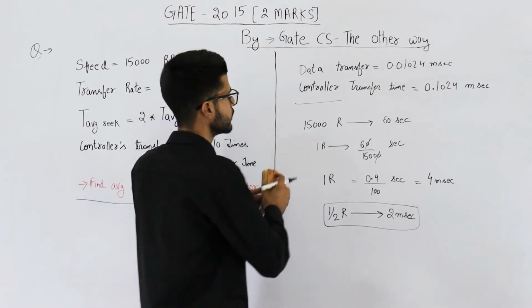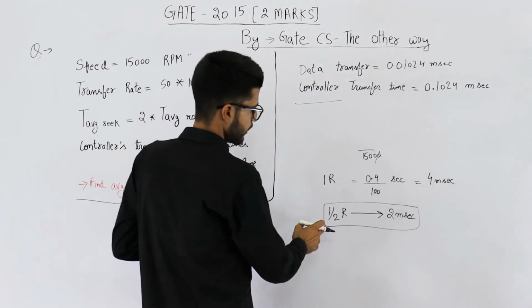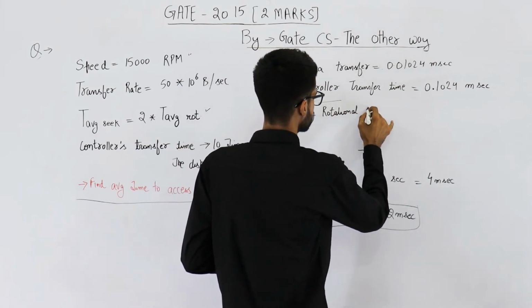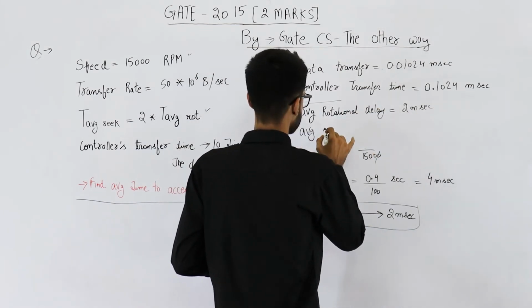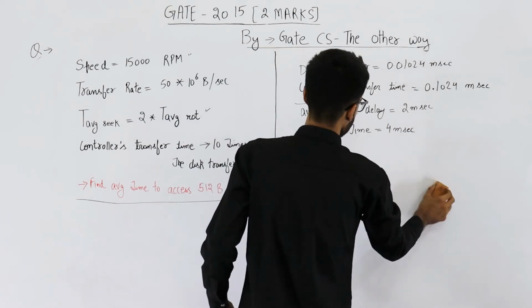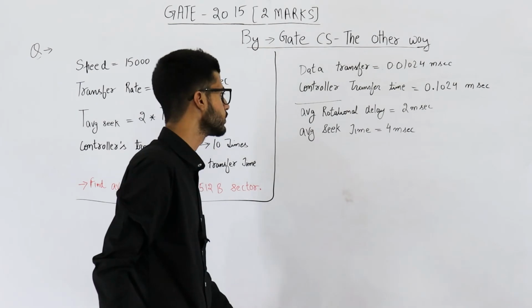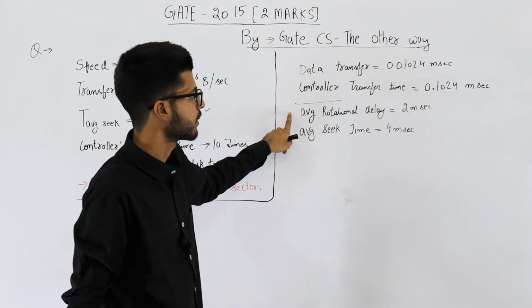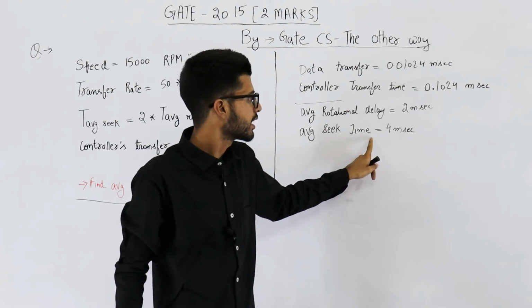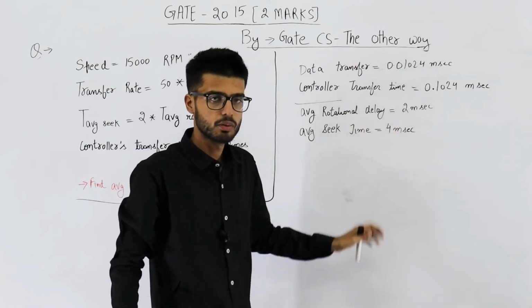Let's write both of these. Average rotational delay. Okay, so I have noted down these values. The rotational delay that we just calculated was 2 milliseconds. Average seek time is twice of this delay. Okay.